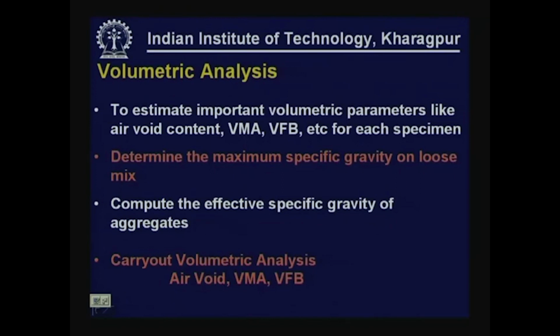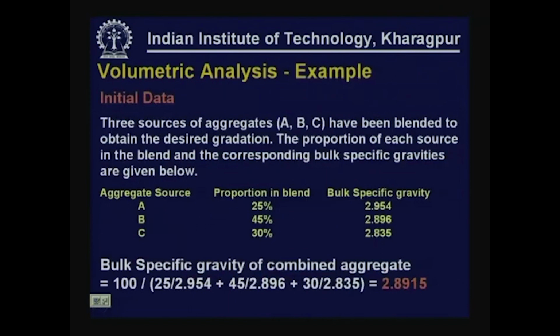This is the specific gravity of the voidless loose mix. Using all this information we calculate the effective specific gravity of aggregates and carry out the volumetric analysis to compute air voids, VMA and VFB.